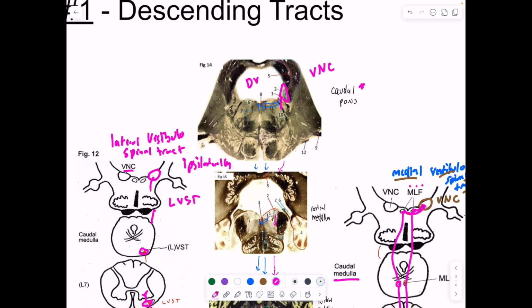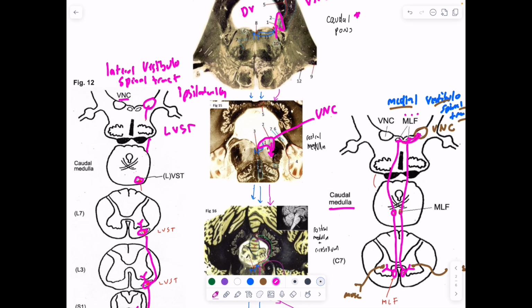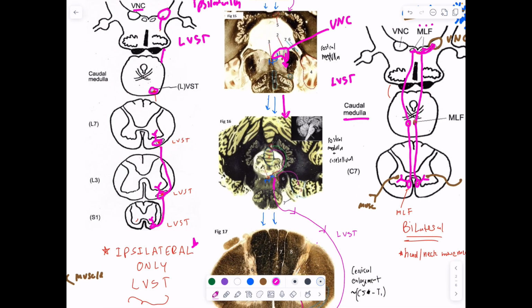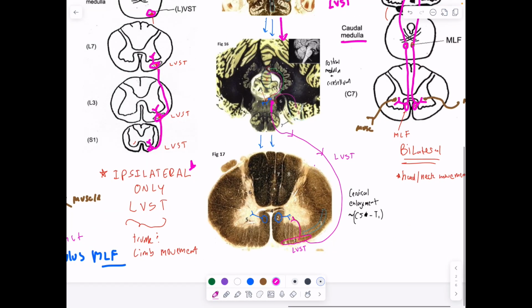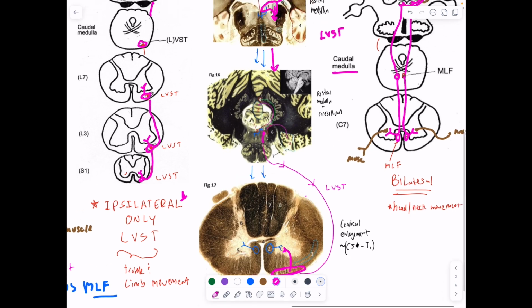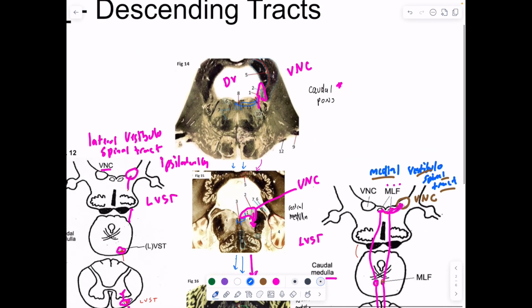And so here again, this is our vestibular nuclear complex, and we're sending down our LVST. So LVST, and you can just see that right here. And when you get to the spinal cord, it's a little bit easier to tell, because it's located in the anterior horn.